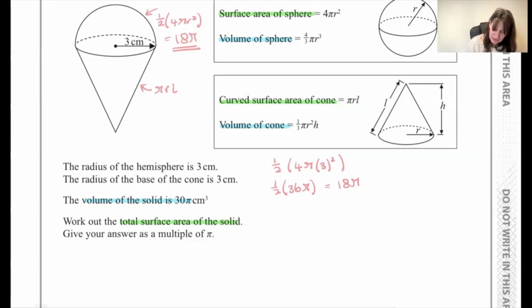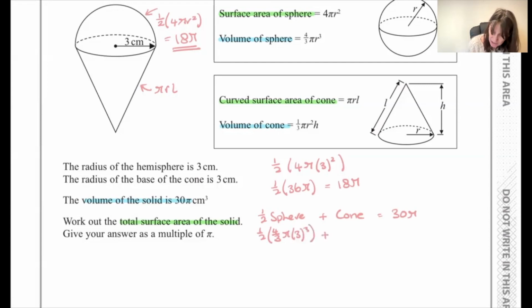So the volume of the solid is half the sphere plus the cone. And we're being told that that equals 30 pi. So that means we've got a half of 4 over 3 pi. I'm going to put the radius straight in because I know it.